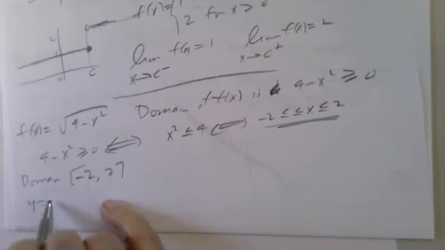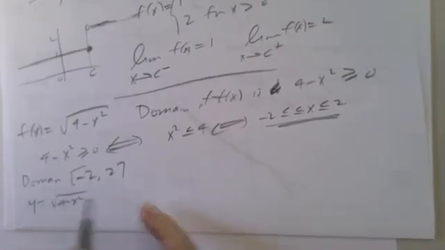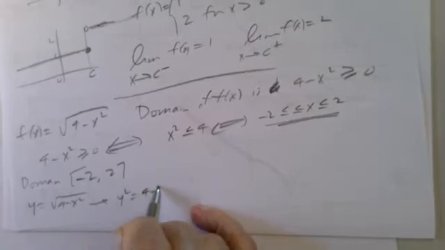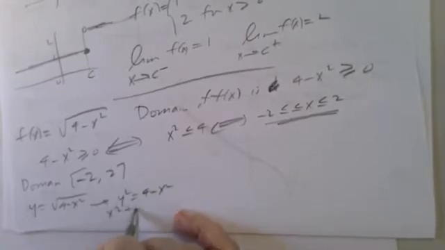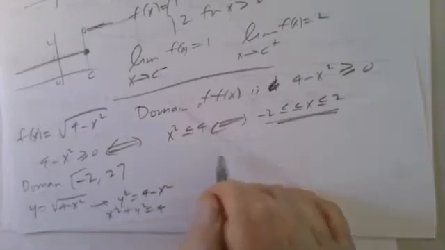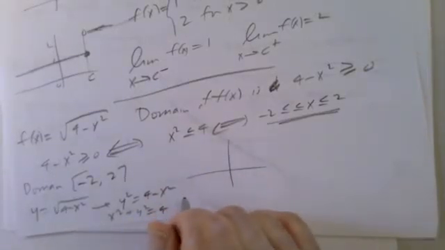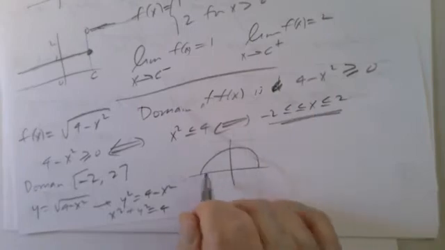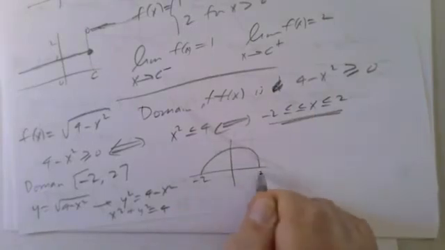And the graph for this function, if you have y equal the square root of 4 minus x squared, if you square both sides, you get y squared equals 4 minus x squared, or x squared plus y squared equals 4. So this you should recognize is the equation of a circle. And I'm taking just y non-negative, it's a square root. So this is the graph of this function.